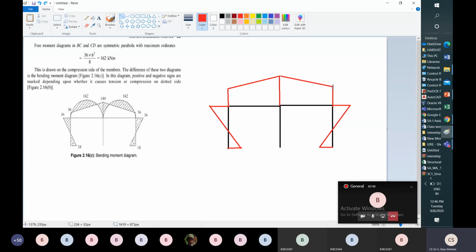The intensity of the maximum bending moment you can calculate here. W value is 36, L value is 6. WL square by 8, we are getting 162 kilonewton meter.